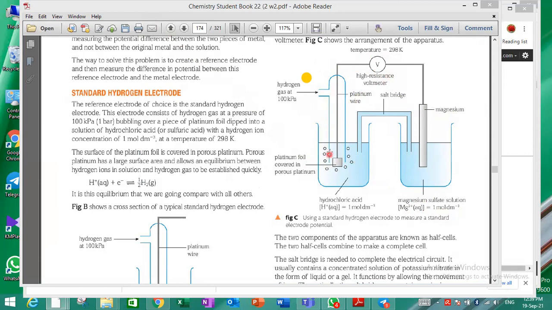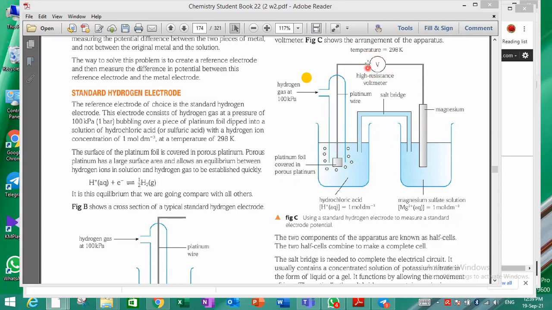And as you see here, usually at the end of the platinum wire we have a platinum foil covered in porous platinum to increase the surface area so that the reactions will take place. Of course, it depends on the metal that is connected to the standard hydrogen electrode.